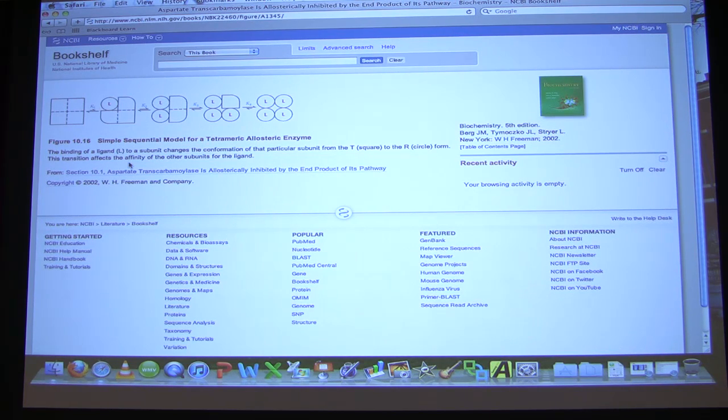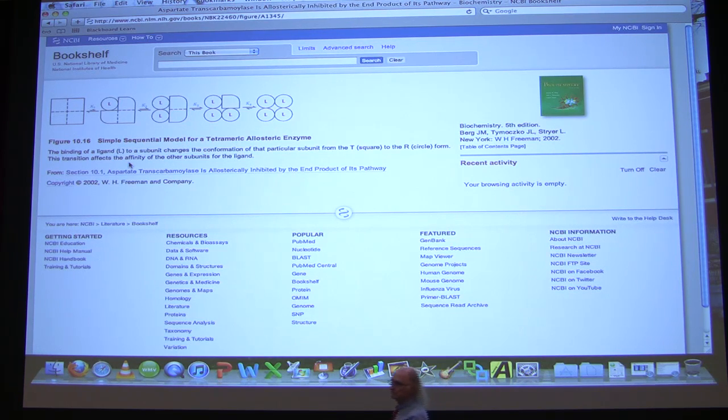And that's because the preference was something like a couple hundred to 1 of T over R when there's nothing there. Okay? A couple hundred to 1 when there's nothing else there. But if we lock one of them in the R state, then that equilibrium starts moving in the direction of the R state. More and more start flipping into the R.